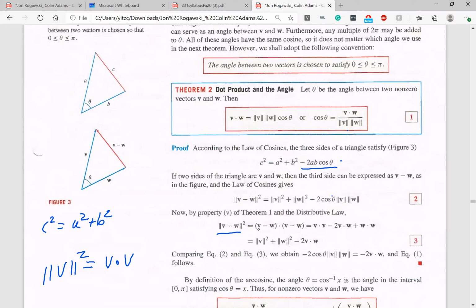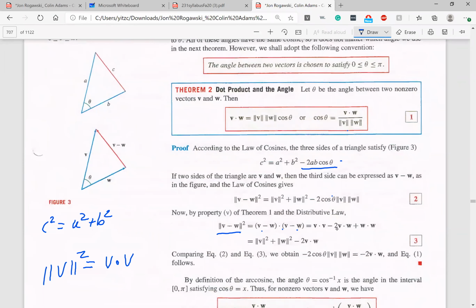And then by the distribution, you can multiply the V's, so dot them, minus, and then do that 2 times V times W, W times V, so that gets you 2 of them, plus W dotted with W, so that gives you that over there. And this ends up being V squared, because this over here is V dotted with V, and W squared, because this over here is W dotted with W, minus 2 V dotted with W.